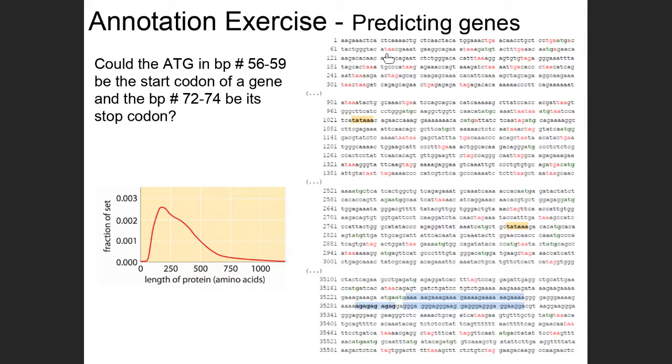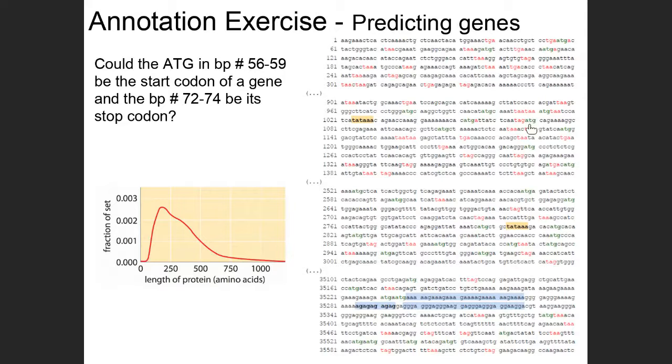So a gene predictor software that is looking for cues looks for start codons and stop codons. It also looks for TATA boxes. So it has to be a number of nucleotides upstream of, let's see, there's this one, and then there's this one. So then the gene predictor software will see, is it this one?